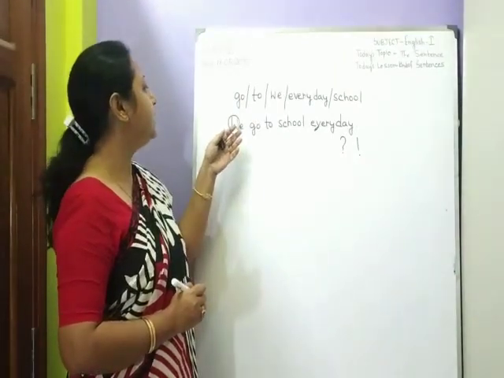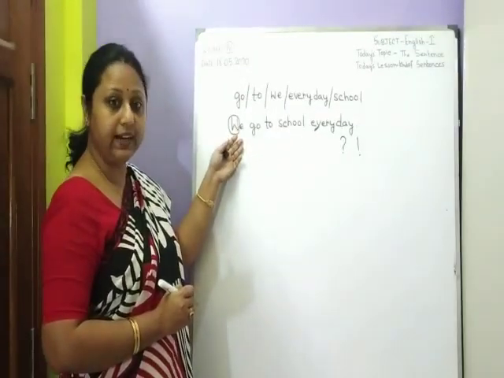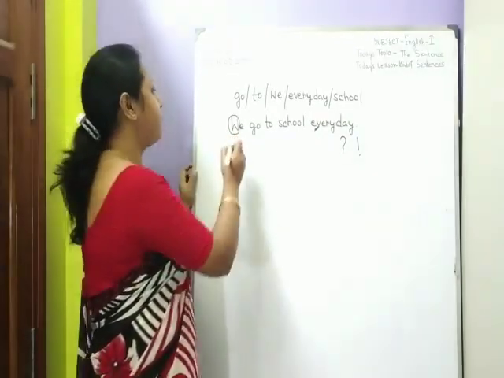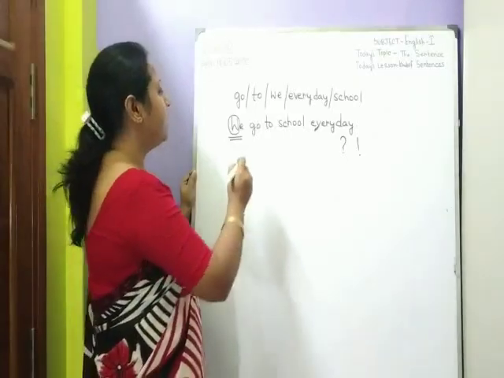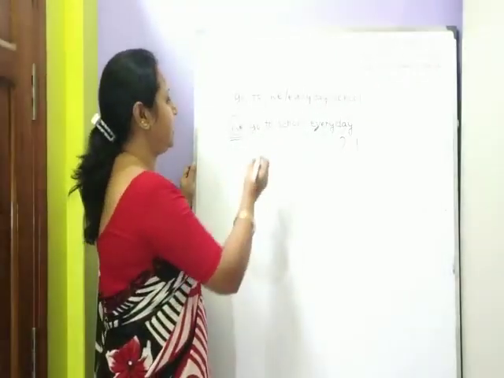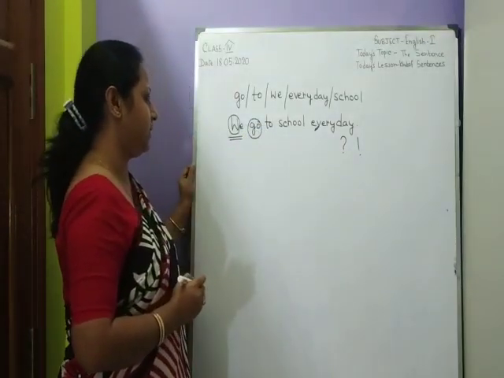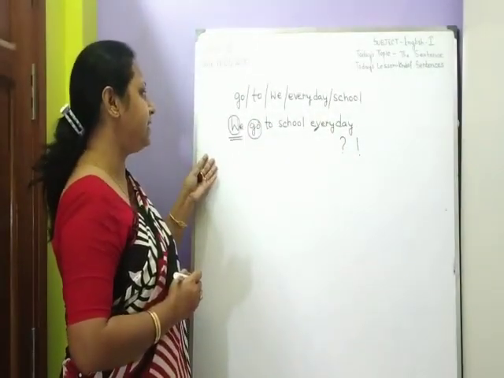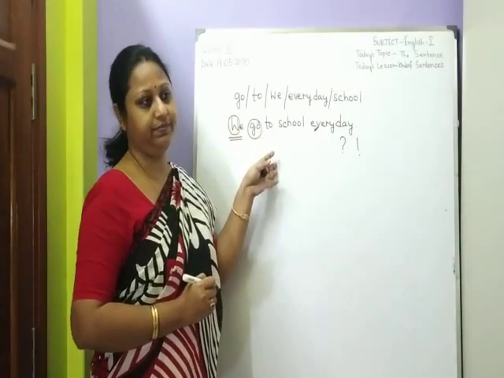Here, the sentence is about we. So here, we is the subject of this sentence, and there should also be a verb in every sentence. So, go is the verb in this sentence. So, every sentence must have a subject and a verb.